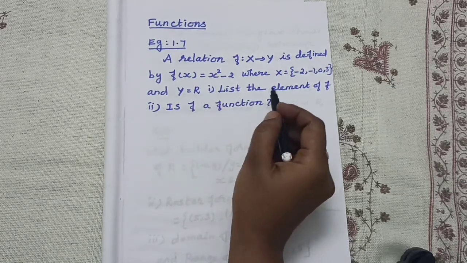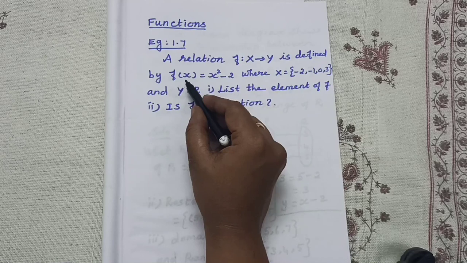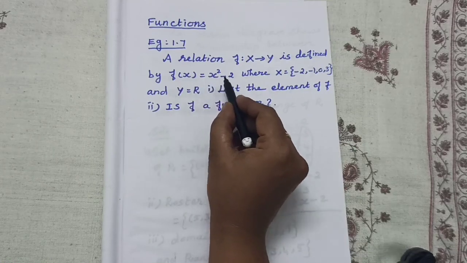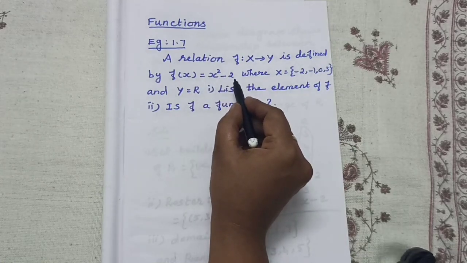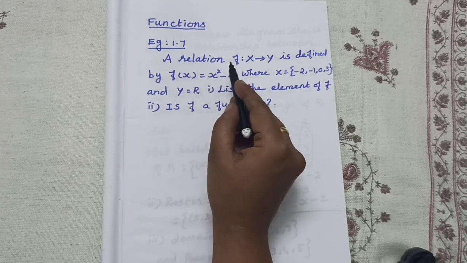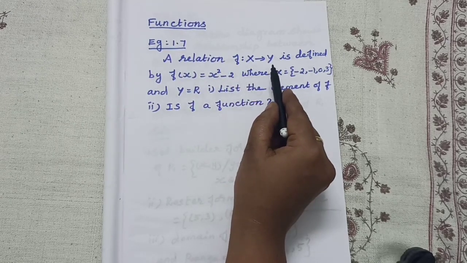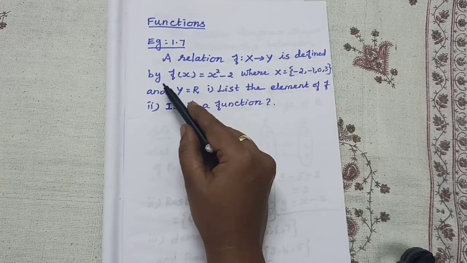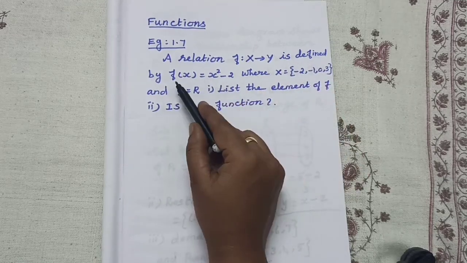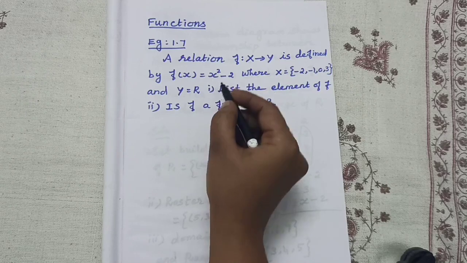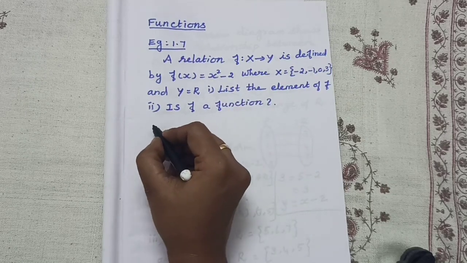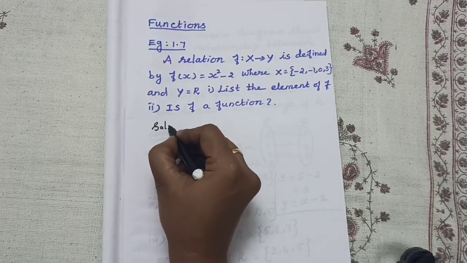Here what is given? f of x equal to x square minus 2 is given, and one relation also given, isn't it? That relation f from X to Y is defined like this. So, first solution.